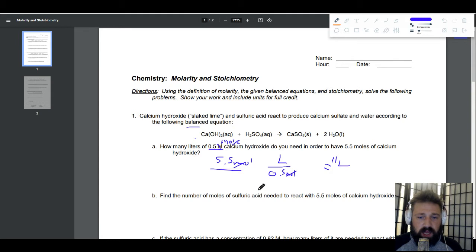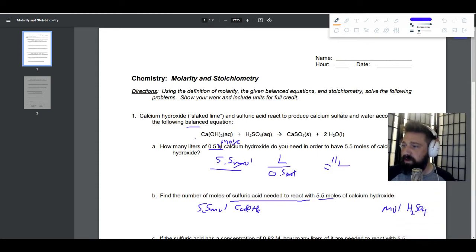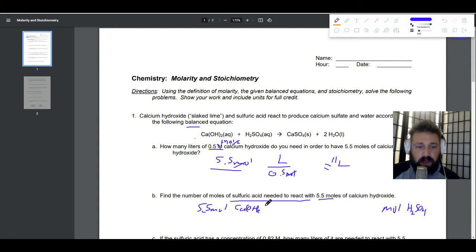All right. Now, find the number of moles of sulfuric acid needed to react with 5.5 moles of calcium hydroxide. If we have 5.5 moles of calcium hydroxide, we're wanting to get to moles of sulfuric acid. How do we get there?